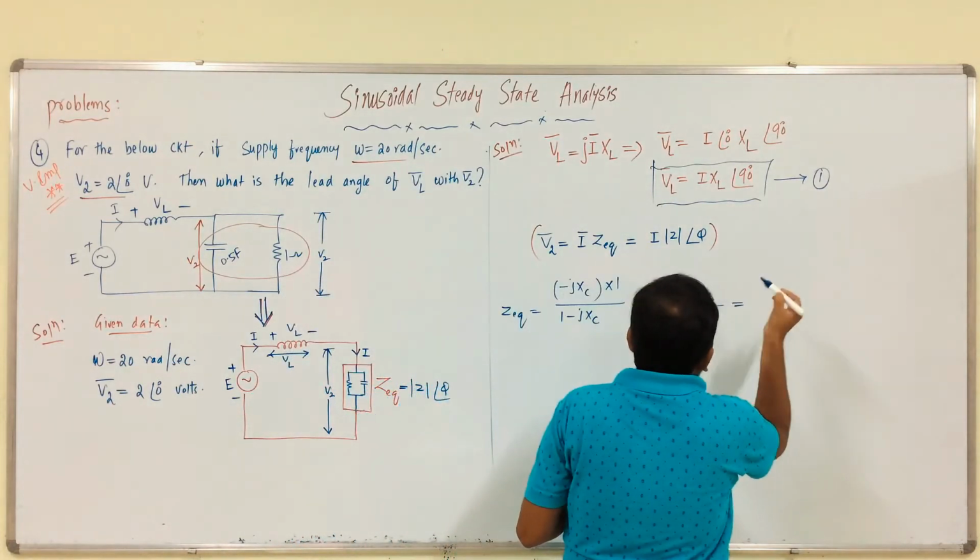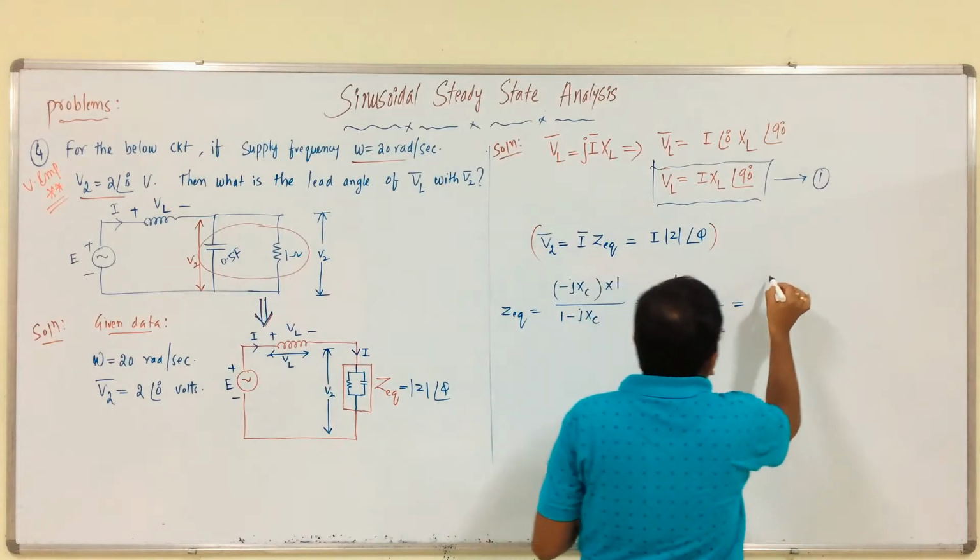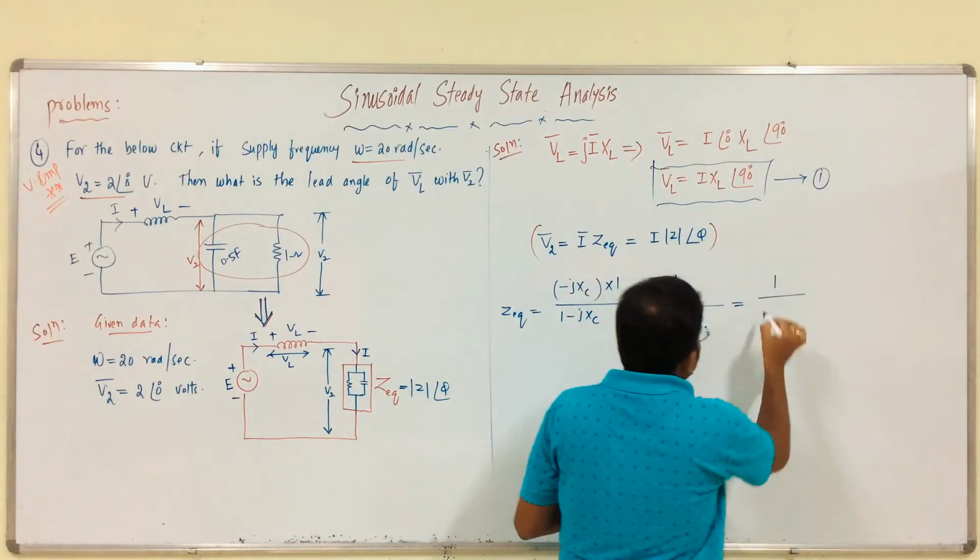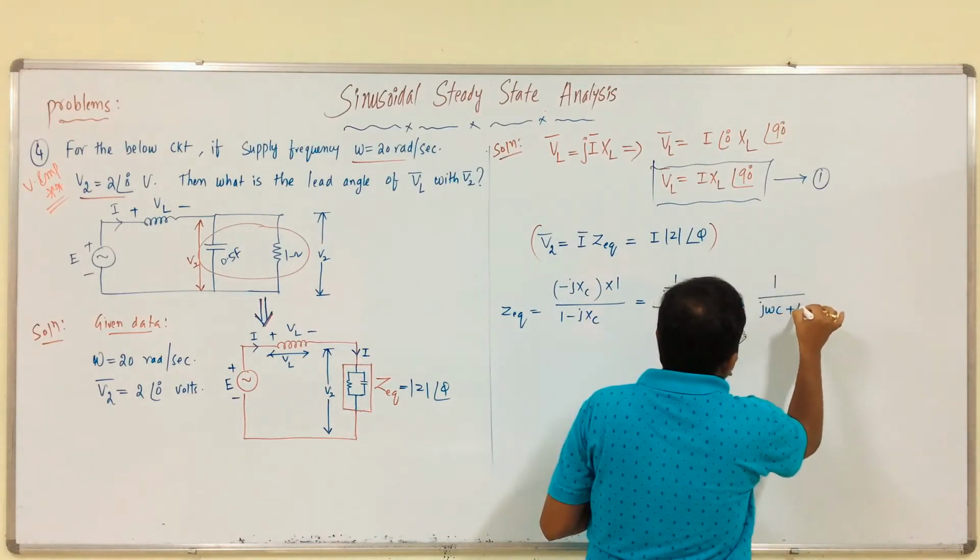So, from this, what is Z equivalent? We got 1 by j omega C plus 1.